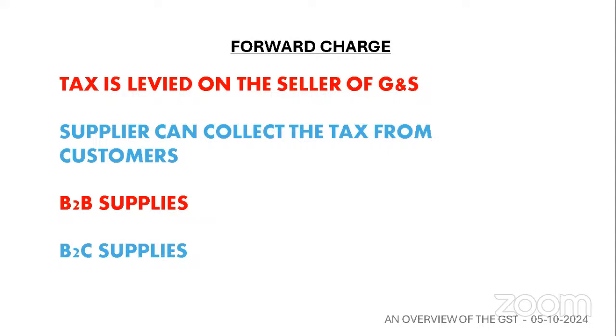So this concept is called forward charge. The forward charge is where the seller collects money from the customer and remits it to the government. All these transactions are forward charge transactions. In India, almost 95% of the transactions are under the forward charge.